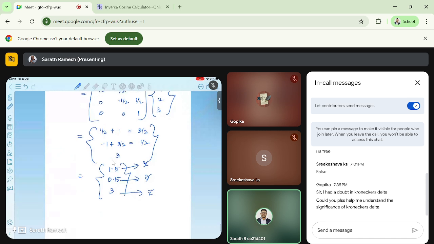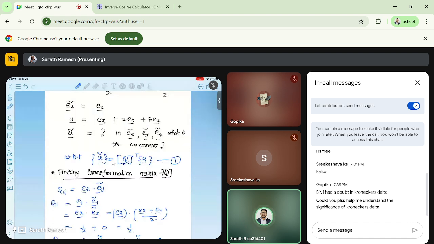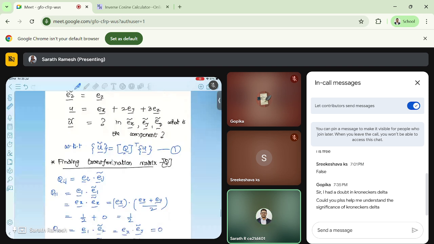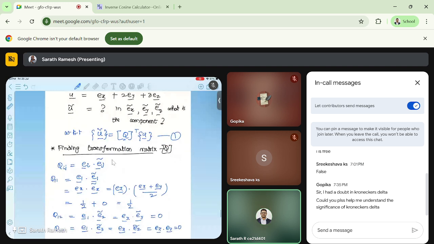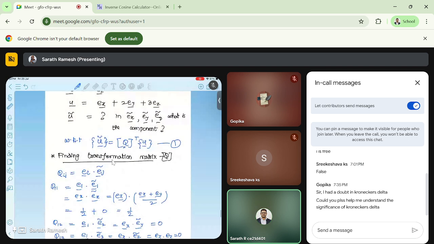So that's it. Finally, suppose they give the question in terms of, say, like this, if you have Ex star in terms of Ex and Ey something, I am just writing for example, Ey star, Ez plus Ex something, Ez star equal to Ez.